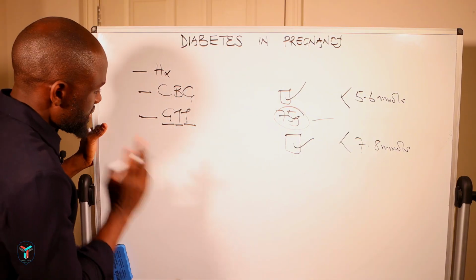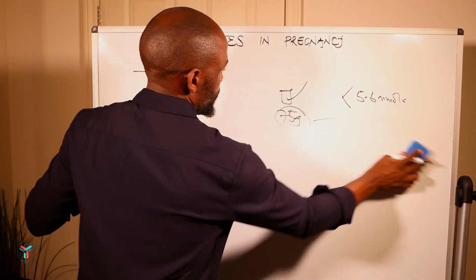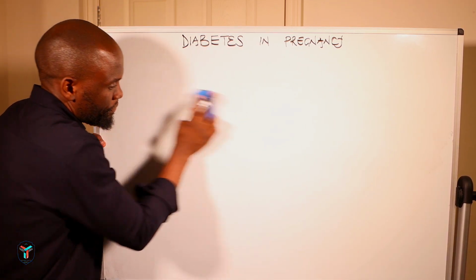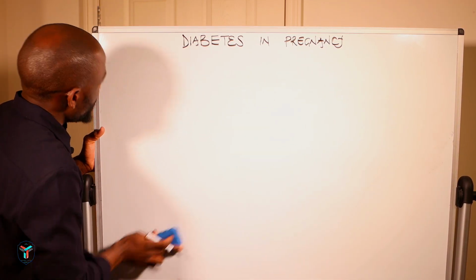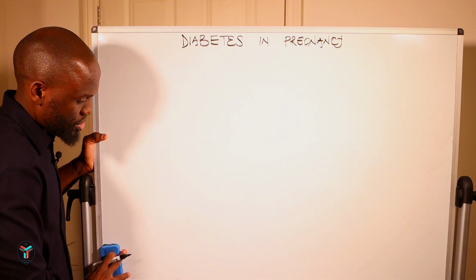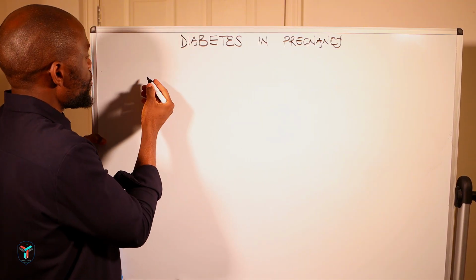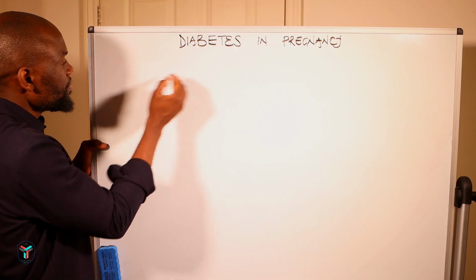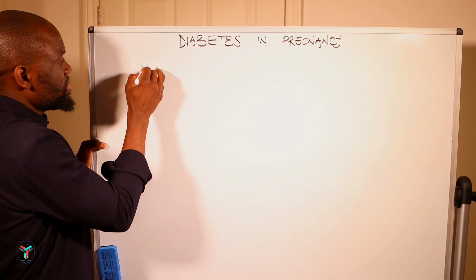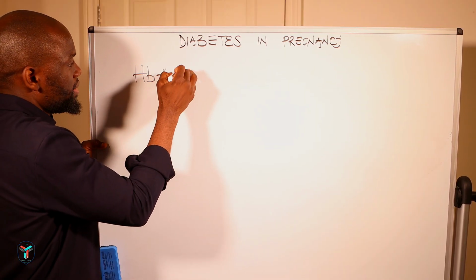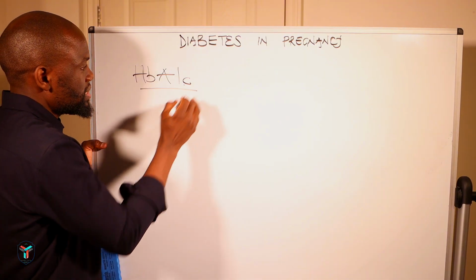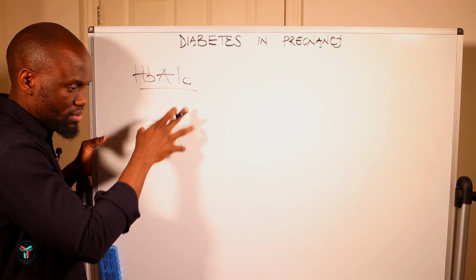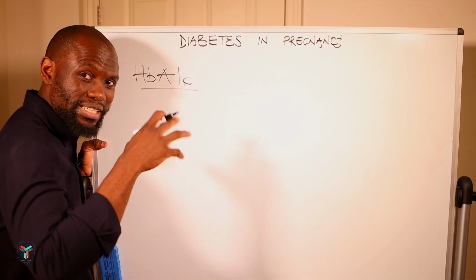Then there are certain other tests that we can do, and this one is what we would be calling the glycosylated or glycated hemoglobin. This one is usually used for monitoring, especially around 12 to about 13 weeks. So this is the HbA1c, glycated hemoglobin. We want to find out how much of that hemoglobin that is circulating.